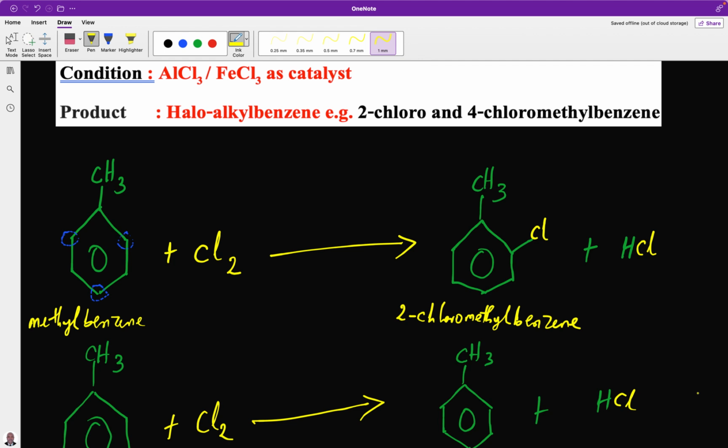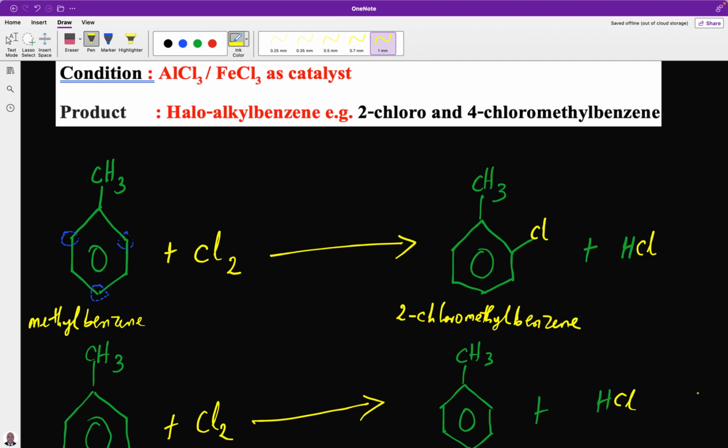When it does this, it helps to activate the ring for electrophilic attack at these positions, so any incoming group, for instance chlorine, is directed for electrophilic attack at the second, the fourth, and the sixth position.